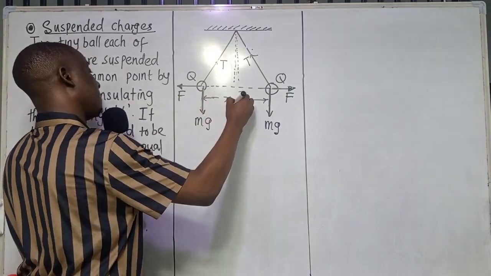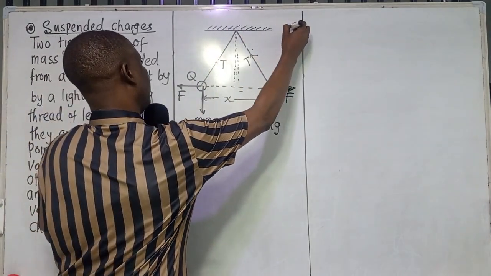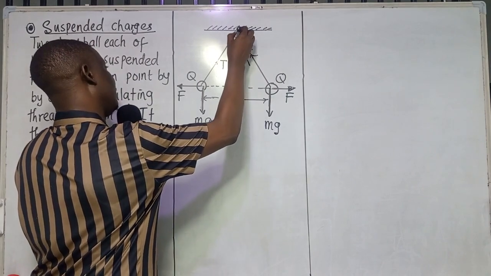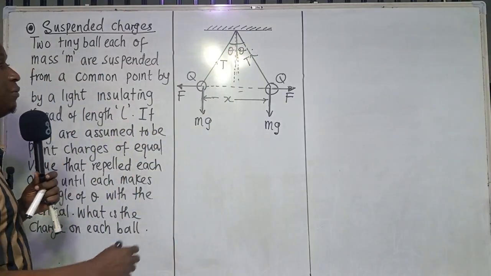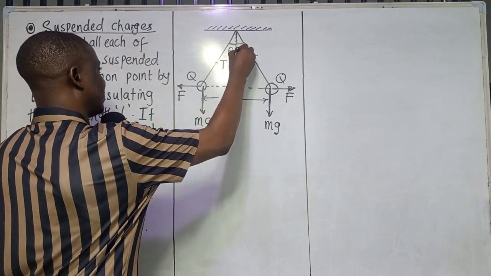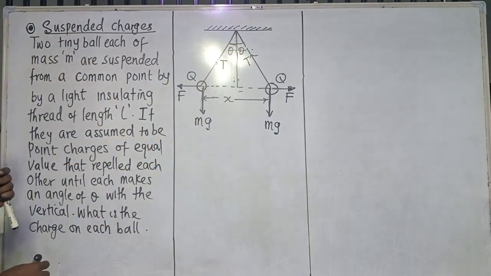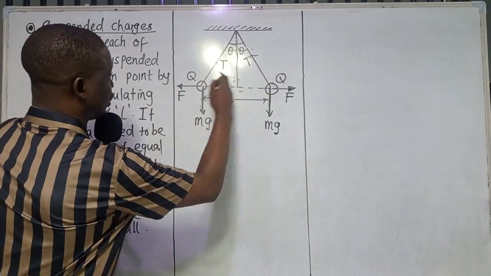This is the vertical and this is the horizontal. So each makes an angle theta with the vertical, and this is the angle they are talking about. What is the charge on each?